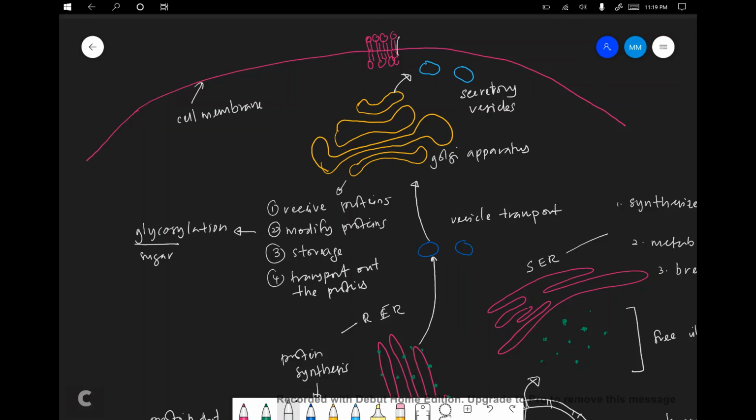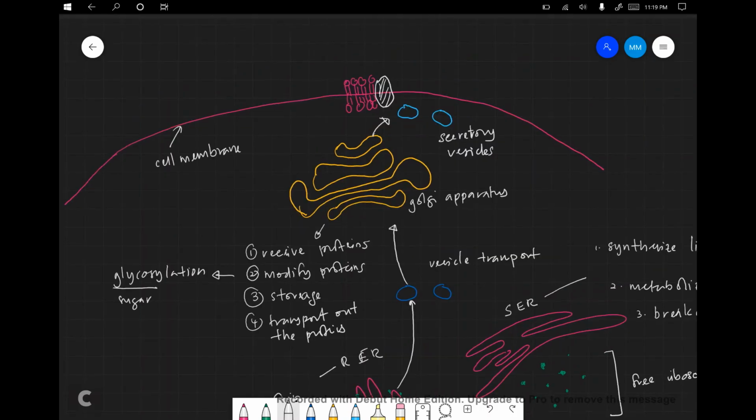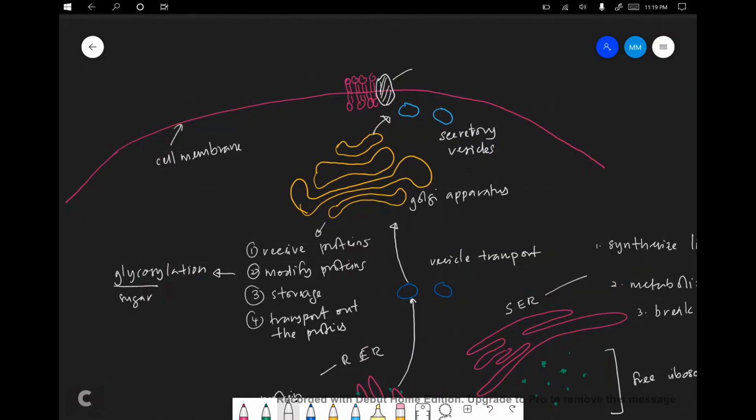Okay, so this is the protein. And through that protein now we can find attachment of sugar. So these are the sugar parts.